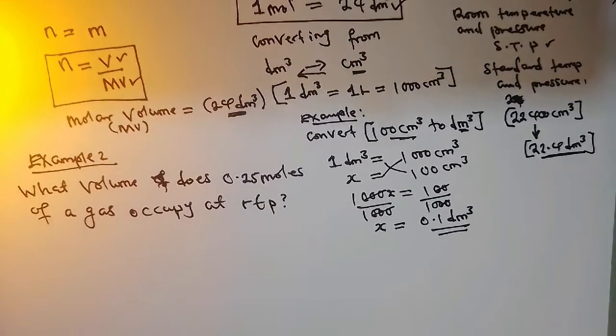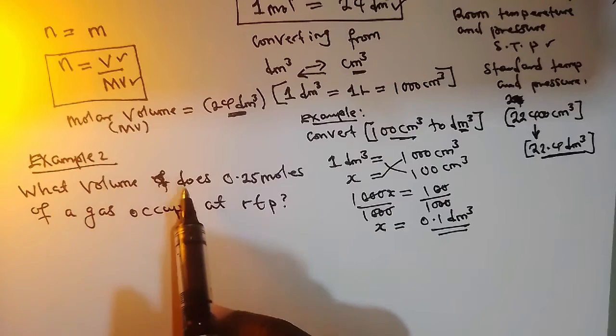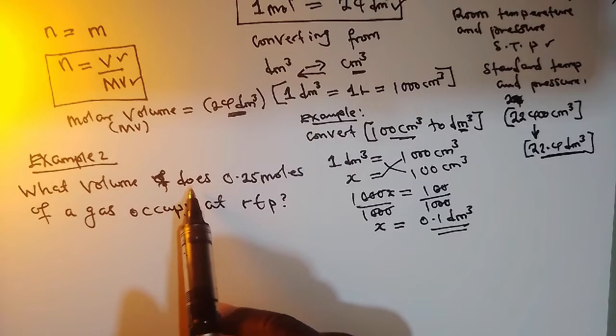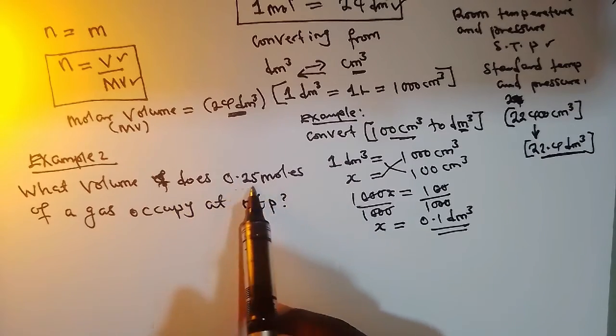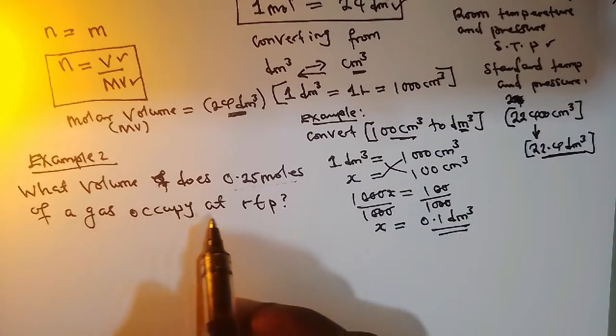So you have the gas, and we want the volume that 0.25 moles of a gas occupies.